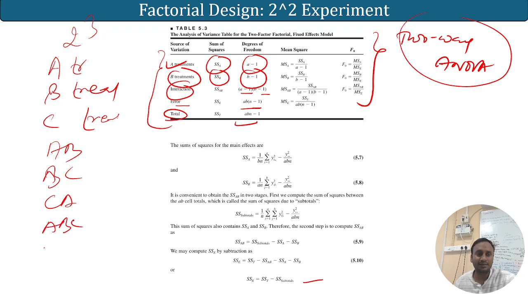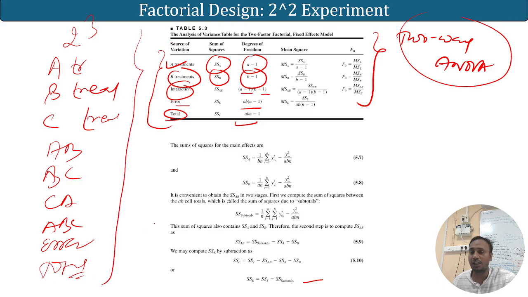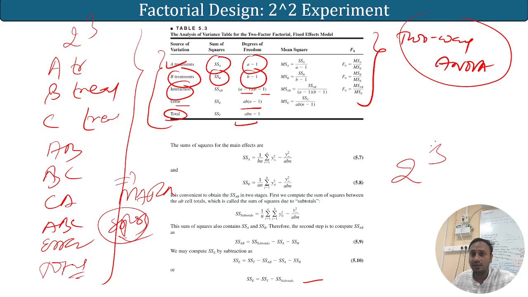It all comes under interaction. Then we'll go to the error, then to the total. In the actual calculation this will be solved with MATLAB or SPSS. That 2 to the power 3 design we'll see in the next session.